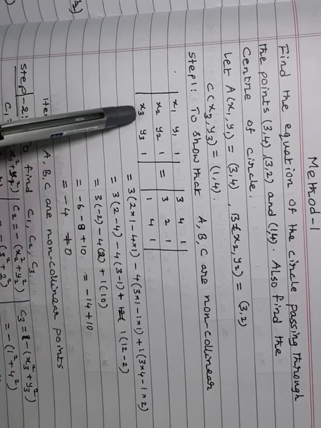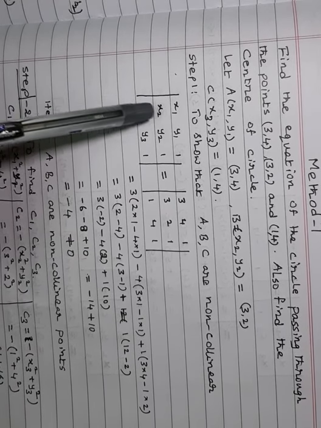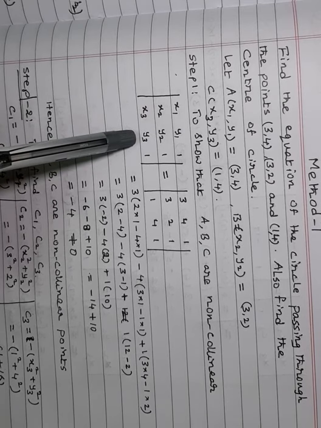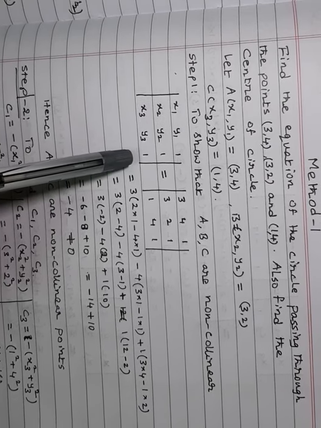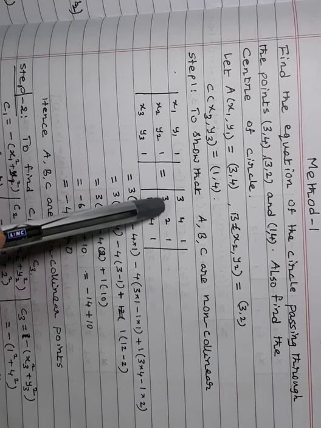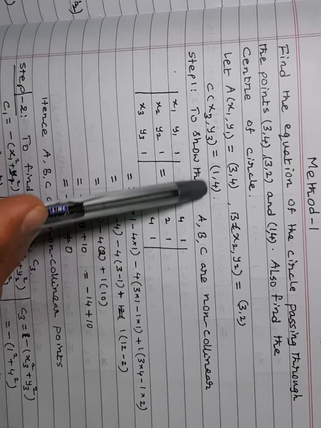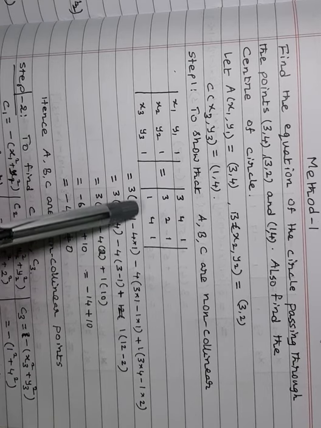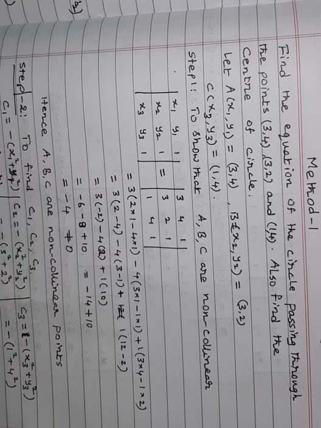To show that we use this formula: the determinant with rows x1, y1, 1; x2, y2, 1; x3, y3, 1. We expand this one. We note down the values in this determinant.